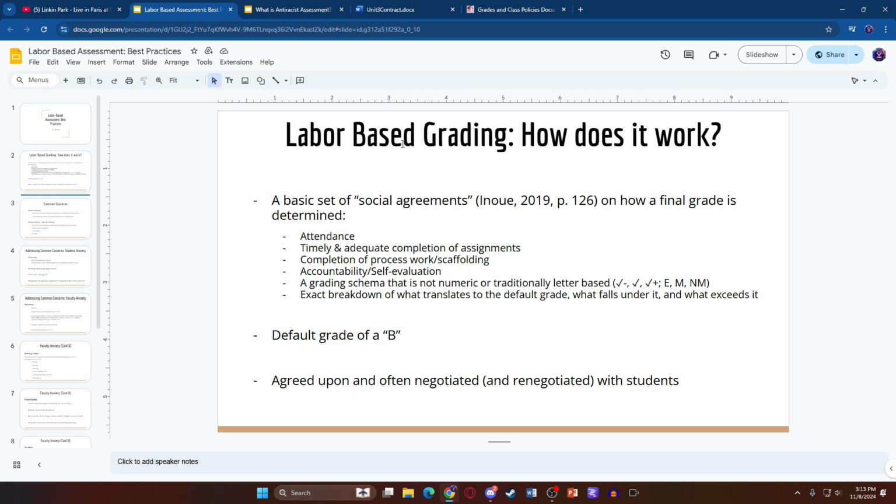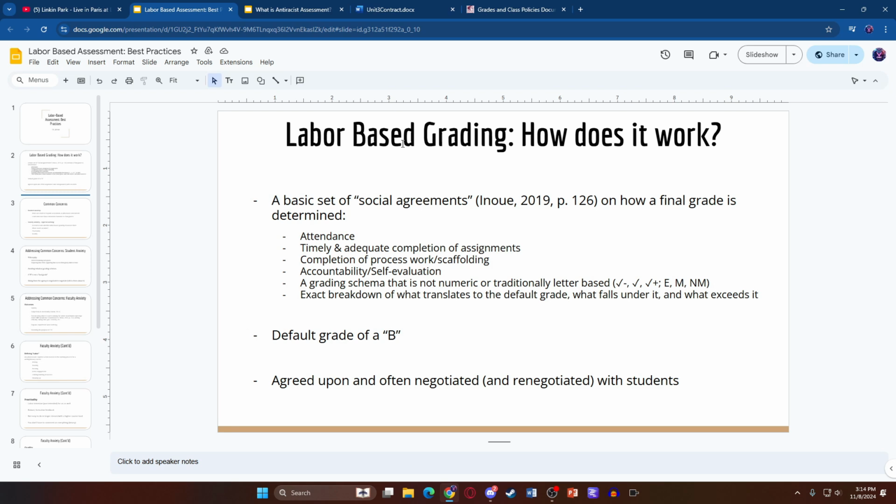A grading schema that is not numeric or traditionally letter-based is super important. I was pretty fortunate when I first started teaching as a grad student in that we were effectively given a contract-based grading system. Our system involved checks, check pluses, and check minuses.